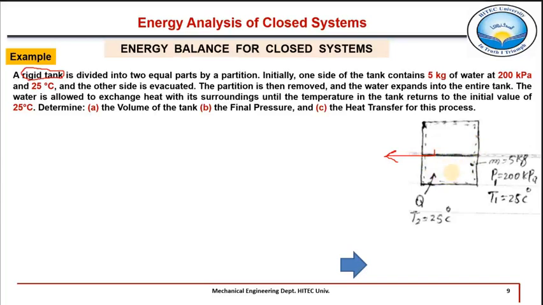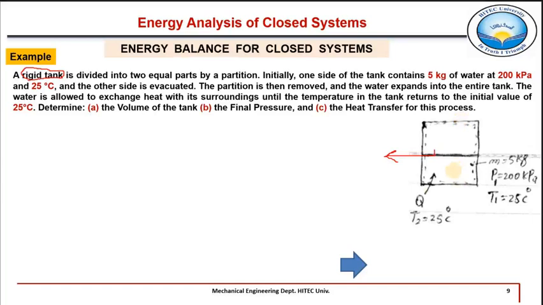One side was filled with water at this pressure and temperature, and this is the total mass of the water. Now the partition is removed, and water is free to expand in the entire tank. When it expands, its volume is increased, pressure is dropped, and then of course temperature will also drop.